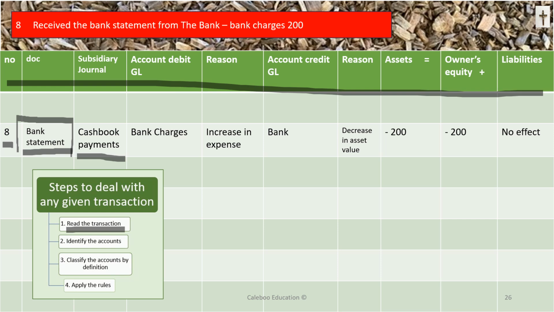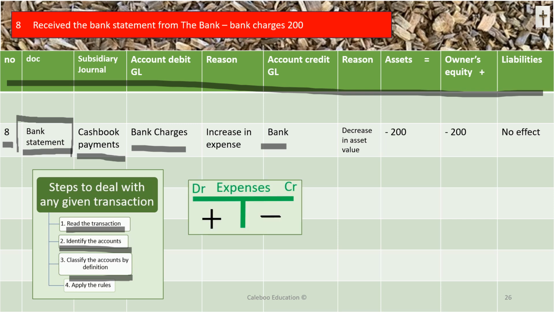So we read the transactions, we're identifying the accounts. One account is bank charges and the other account is bank. Classify the accounts by definition. Bank charges by definition is an expense, and if the expense to our business increases, the rule says we must debit that account.